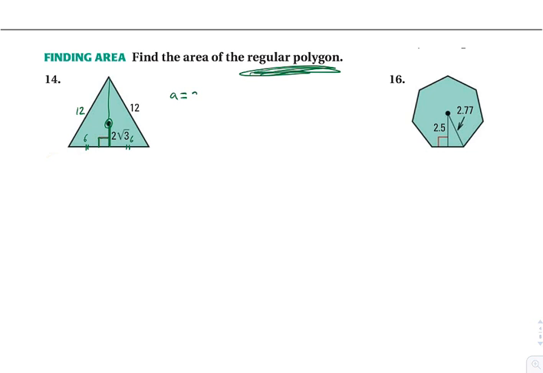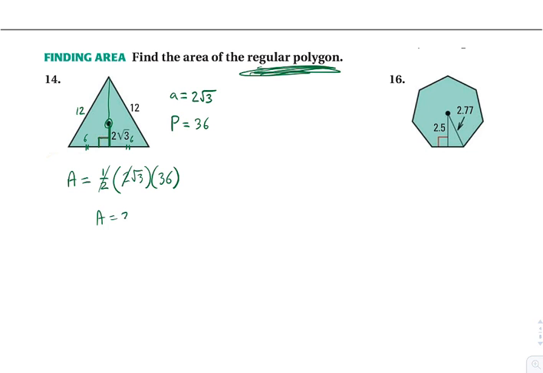Okay, so the apothem in this picture is 2√3. Now the perimeter of the shape is, since it's a regular polygon, 12 plus 12 plus 12, or 12 times 3 is 36. So the area of this triangle is simply 1/2 the apothem, which is 2√3, times the perimeter of the shape, 36. Now 1/2 times 2 cancels out to 1. So we have 36 times √3.